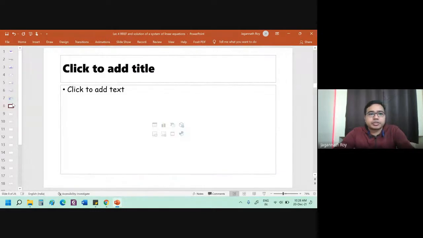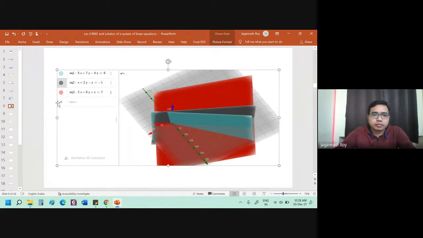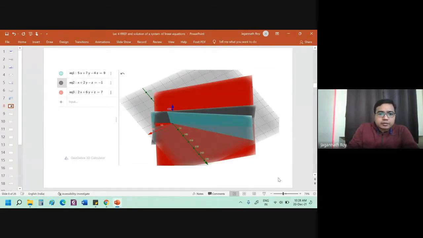Let me put it here in this form. After solving this, we will get that this particular point will be, let me draw.